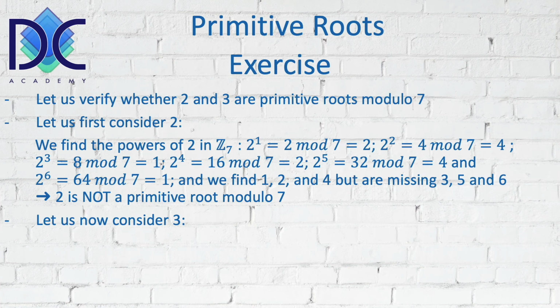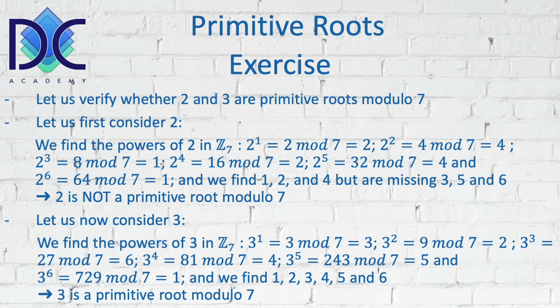First of all, when we have the powers of 3 in Z7, we see 3 to the power 1 is 3 modulo 7, which is 3. And when we do that for all the different powers from 1 till 6, we see that all the numbers between 1 and p minus 1 are in fact there.